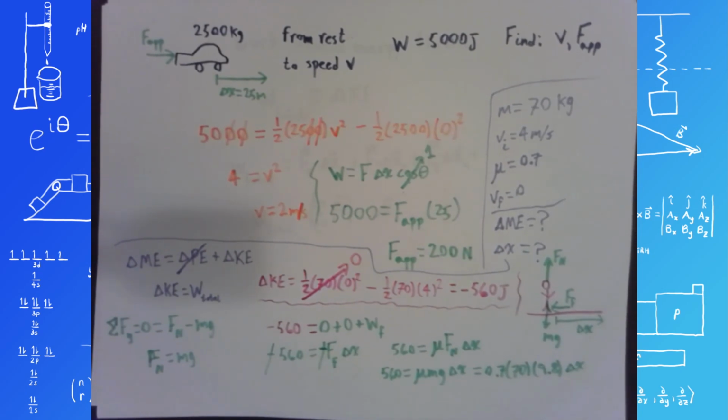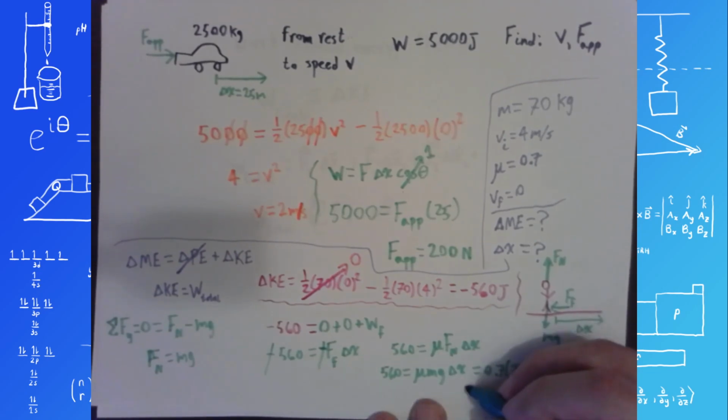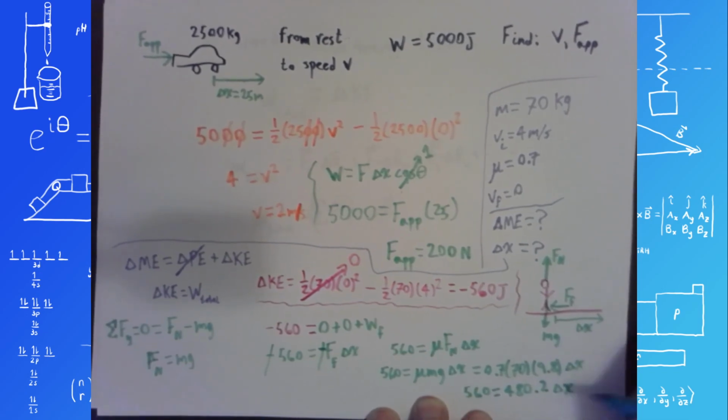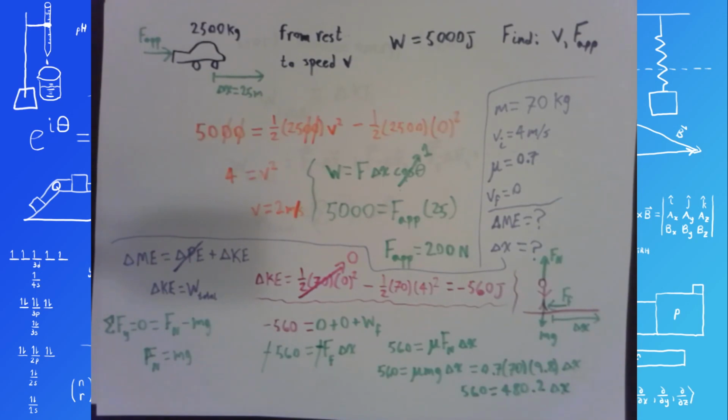Okay, calculator time. So 560 equals 0.7 times 70 times 9.8. That's 480.2. 560 equals 480.2 times delta x, divided by 480.2 on both sides. 560 divided by 480.2, and I'm getting about 1.166.